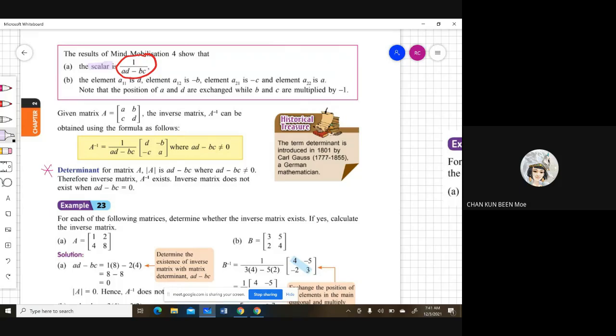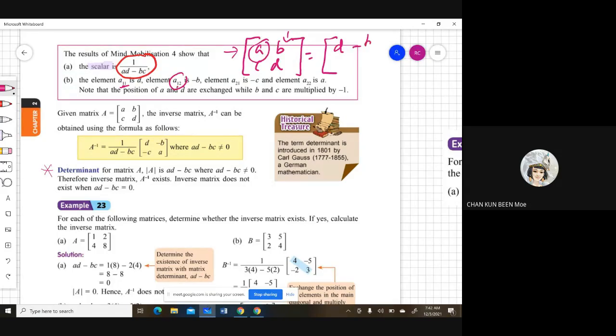Okay, and then for B, the element A11 is D. What does it mean over here? I'll show it to you. You are given A, B, C, D. So the element A11, meaning that it is first row, first column, is D. And then element A12 is first row, second column, meaning that it is referring to this.